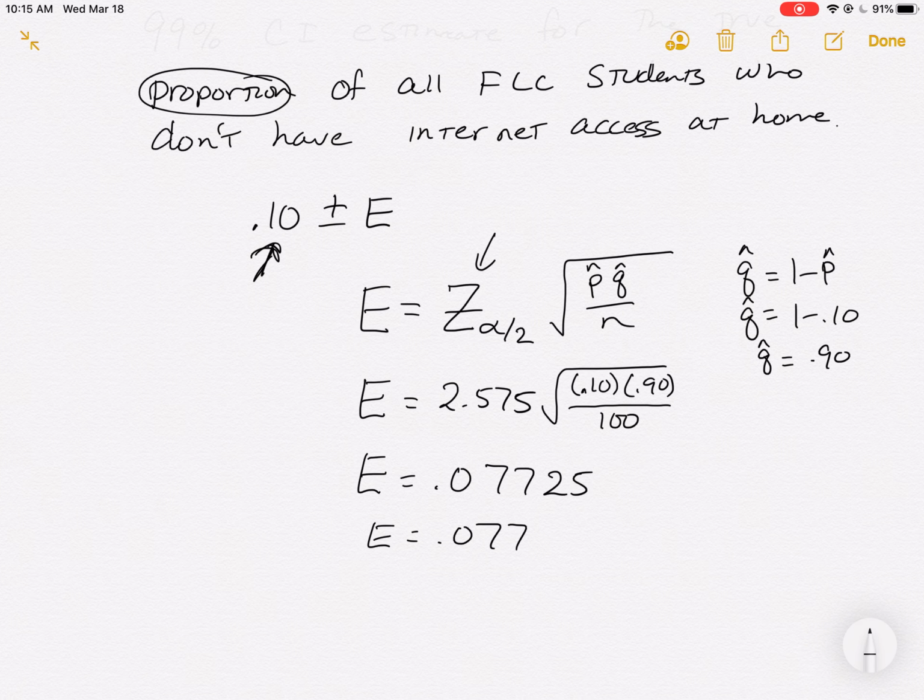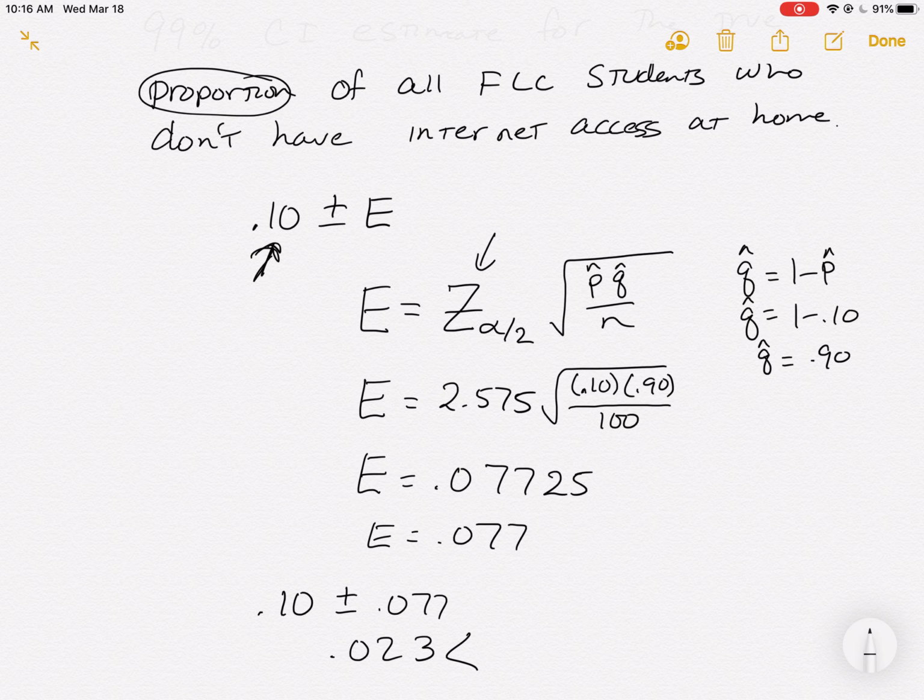So the only thing left to do to finish my problem is to take this error and add and subtract it to the 0.10, because I knew that 0.10 wasn't perfect, and I just found out the error was about 7%, which is pretty high. And so we take our 0.10 and subtract away the 0.077 and come up with the 0.023.